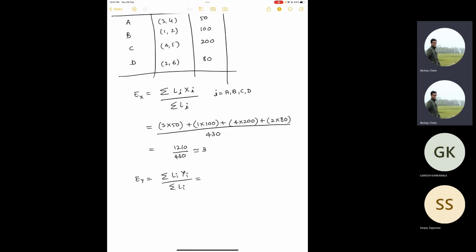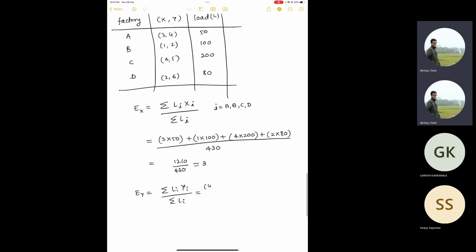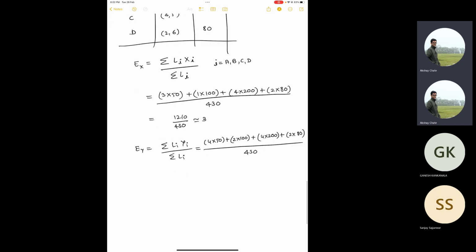So there it will be 4 into 50 plus 1 into 2 into 100 plus 4 into 200. 1880 by 430, sir. Okay, I'll just write it down. So what is the final value? Wait a minute, sir. 1880 by 430.